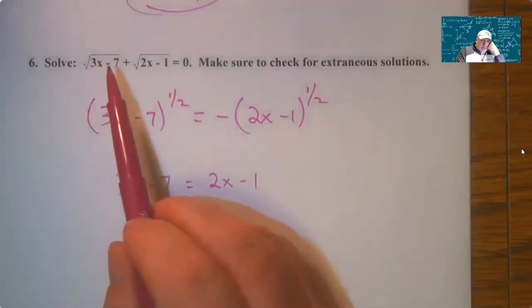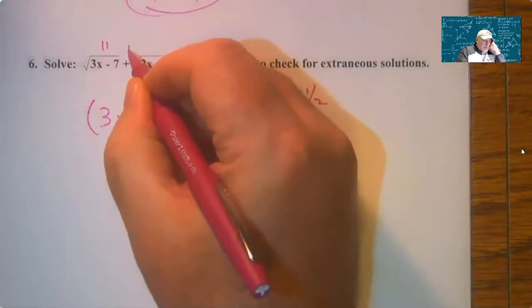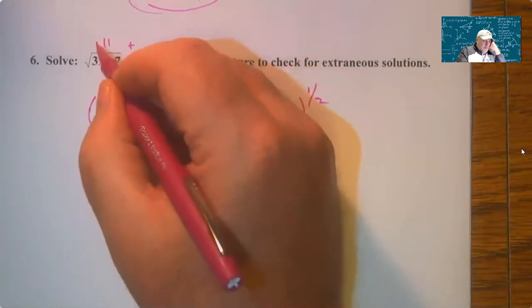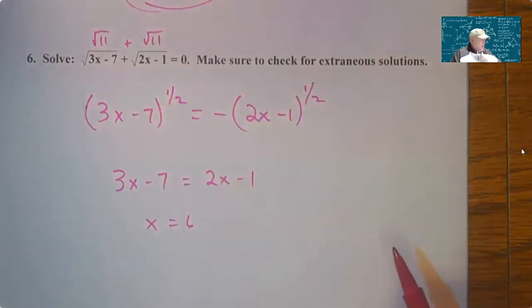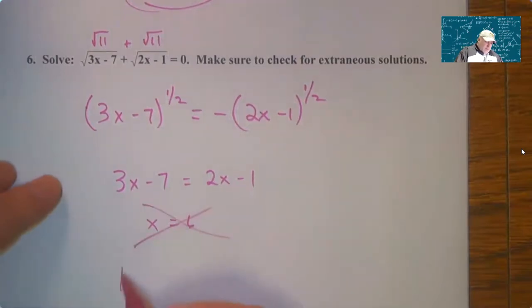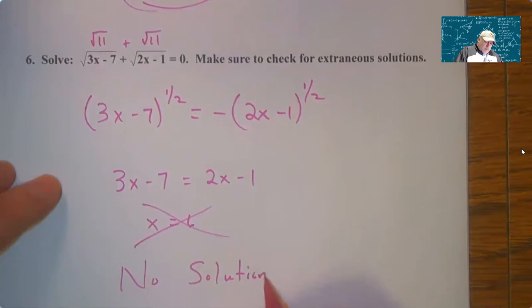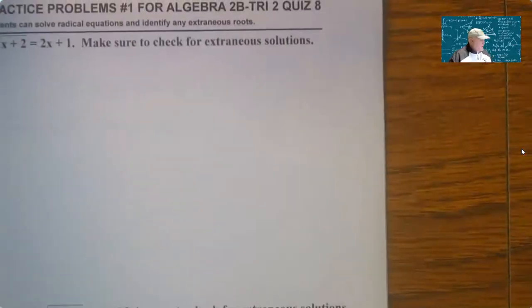You get 18 minus 7, which is 11, plus the square root of 11, plus the square root of 11. That can't be. You can't have 2 square roots of 11 up there. This is an extraneous root. And checking your calculator table will tell you that indeed it is extraneous.